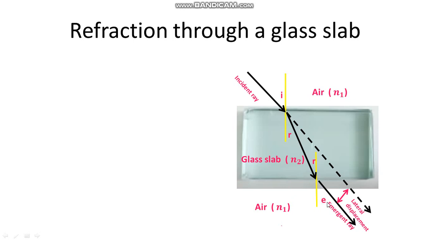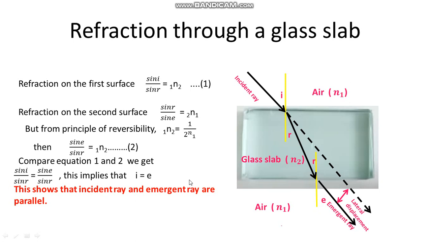So here this is the angle of incidence and the angle of refraction. This is the angle of emergence. Here the incident ray and emergent ray are parallel, so we can say the angle of incidence is equal to the angle of emergence. See, mathematically we are proving that. Refraction on the first surface, apply Snell's law, we get equation 1. Similarly, on the second surface, apply Snell's law, again we get equation 2.